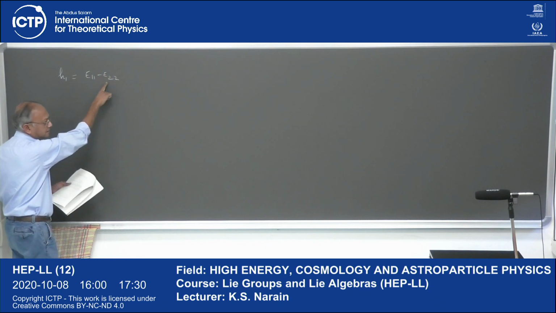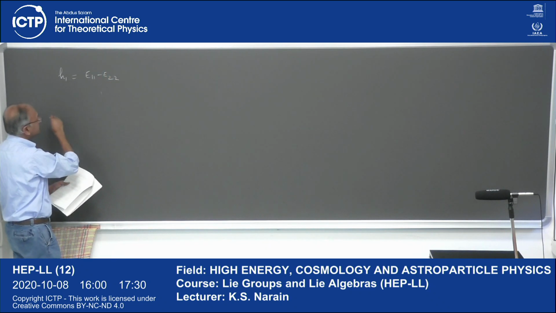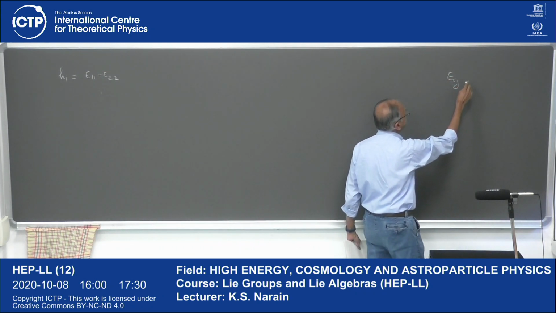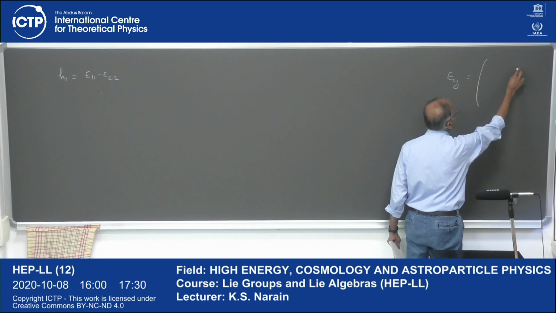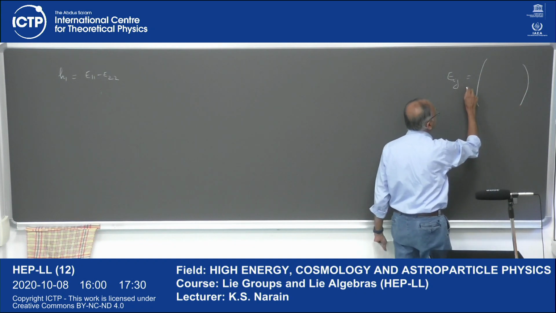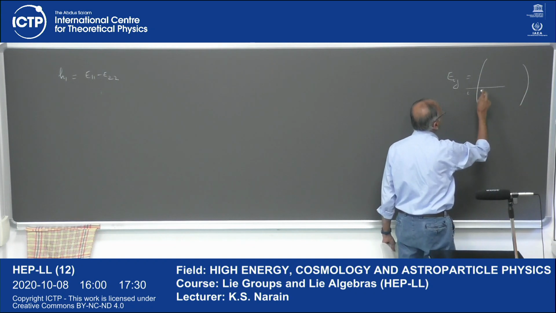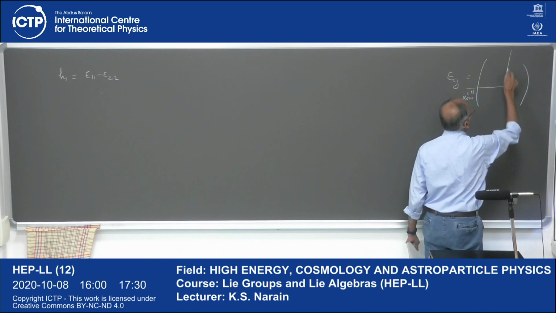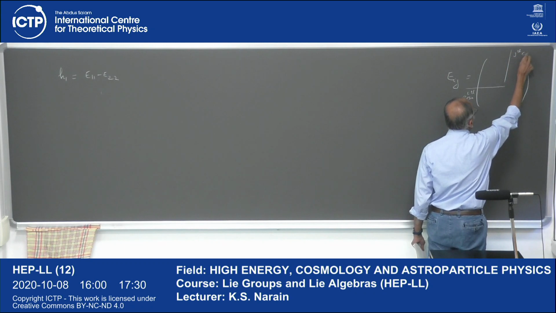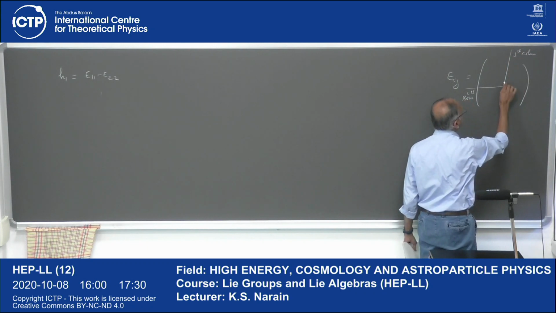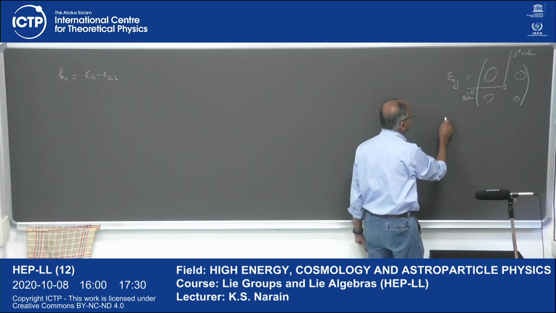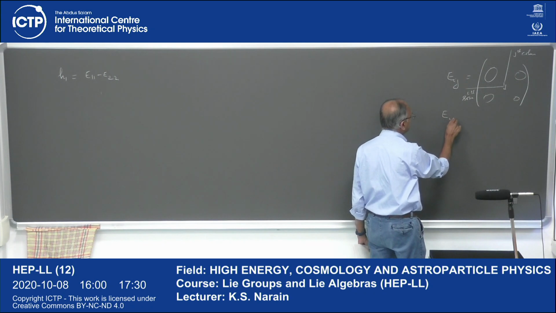Remember this notation: Eij was a matrix with just the ith row and the jth column, so only this element is non-zero, and it's 1, and everything else is 0. So I can write it in the following convenient way.